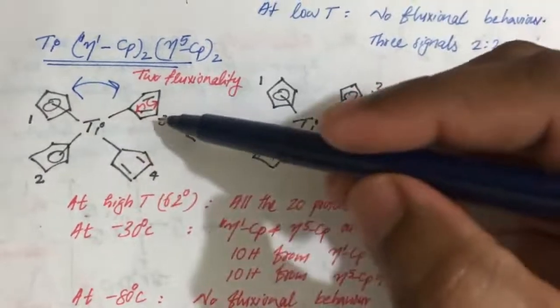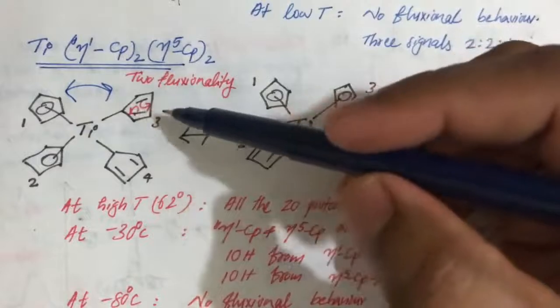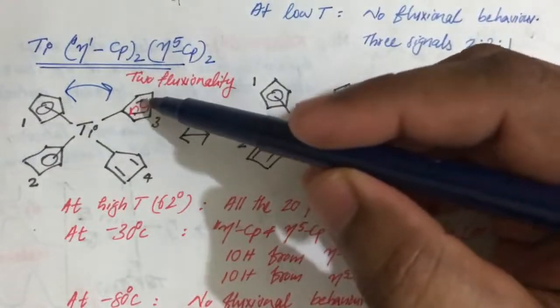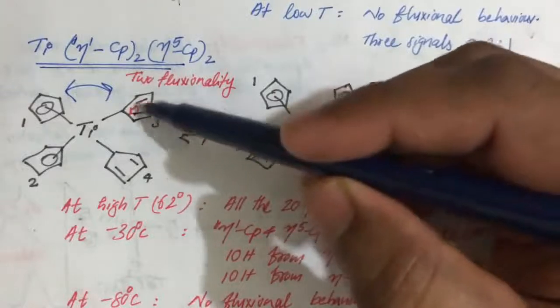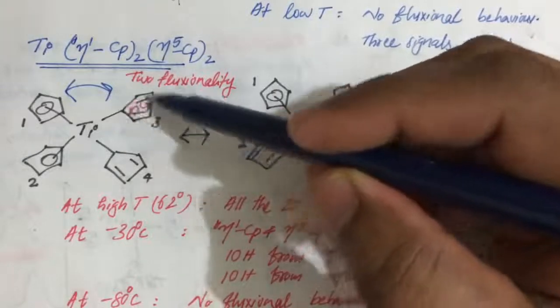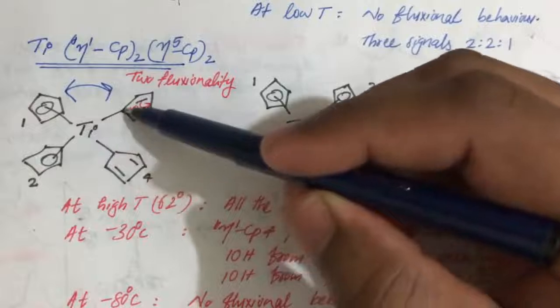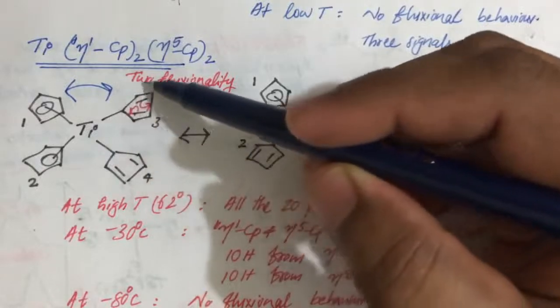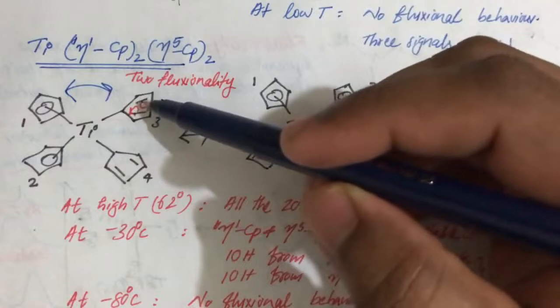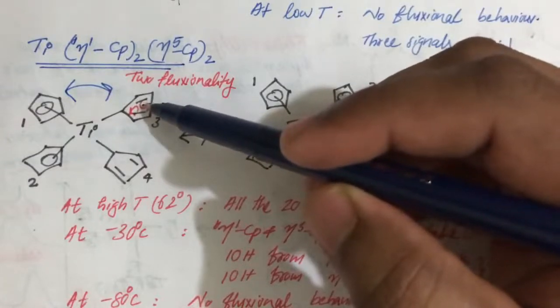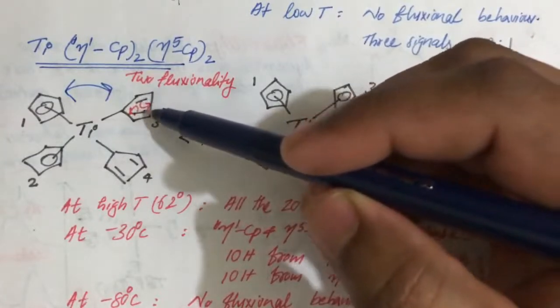Another mode of fluxional behavior we have discussed earlier, that is ring whizzing. This hapticity 1 ligand can undergo ring whizzing, and this titanium can bond with all these 5 carbon atoms of the hapticity 1 cyclopentadienyl. That is one fluxional behavior.